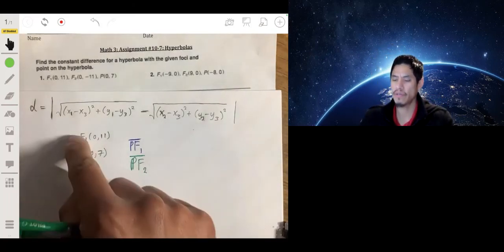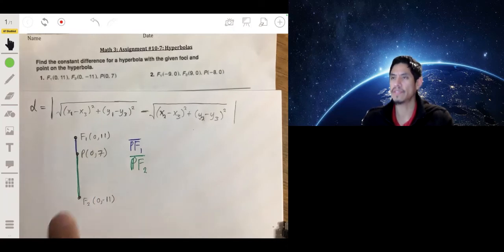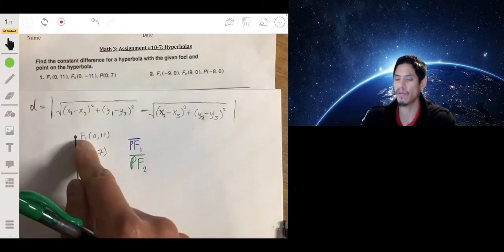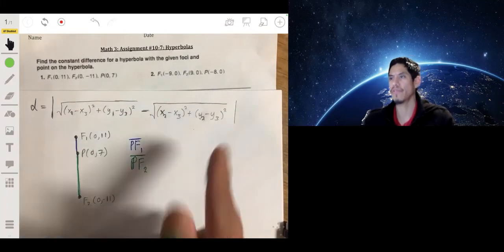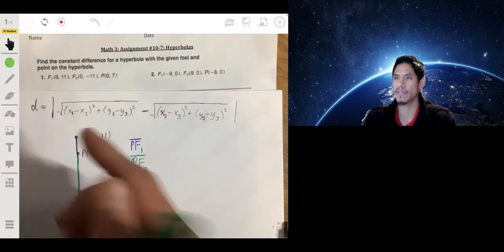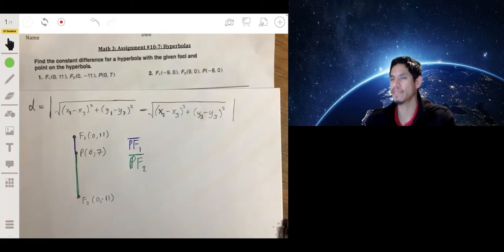So we find those two lengths and subtract them from one another, and that'll be your constant difference. It doesn't matter which one you subtract from the other, because you're taking the absolute value. If you get a negative number, you just change it to be positive. You take the bigger minus the smaller, you'll get the positive still. So it actually doesn't matter.